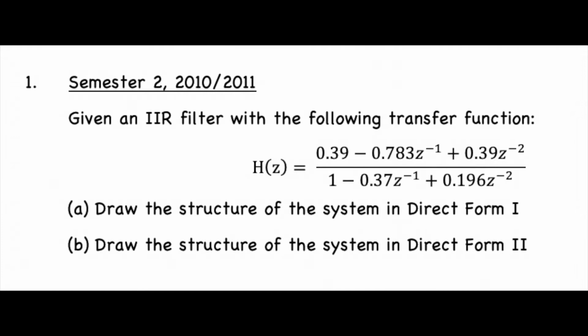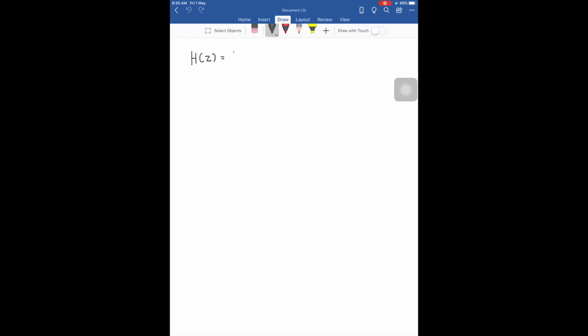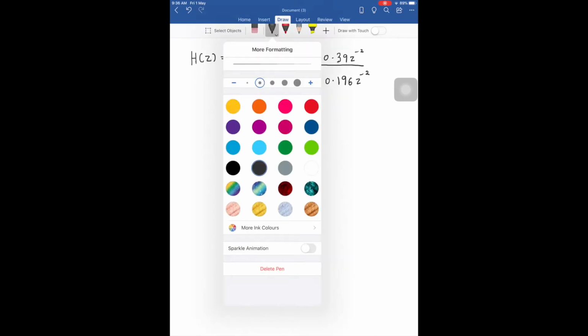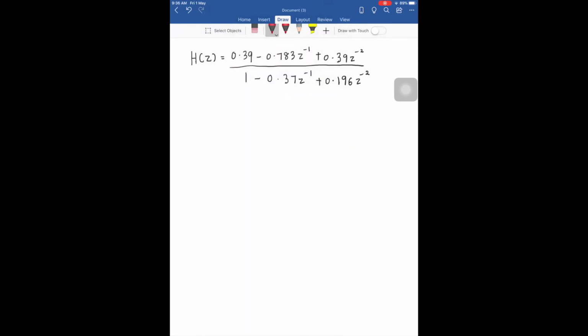So you have H(z) equal to 0.39. If you look at this transfer function, the upper part is your numerator part and the lower part is your denominator part.